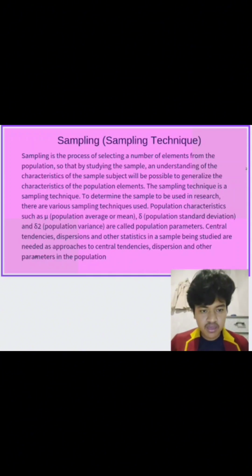The sampling technique is a technique to determine the sampling to be used in research.